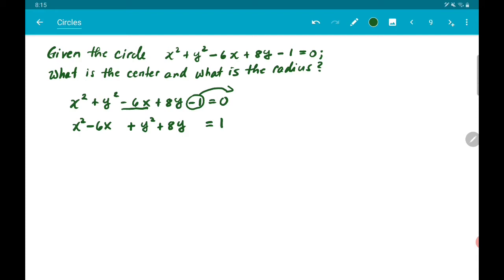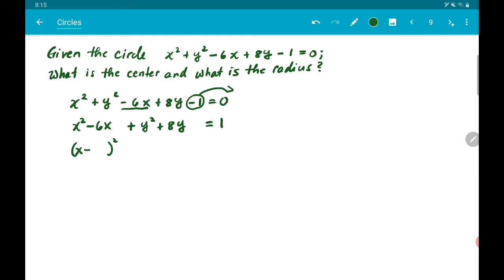Now here comes the completing the square that we were talking about. To complete the square, it's actually quite easy. We want to rewrite this in the form of something squared. So all we do is copy x, and we have a minus sign there.